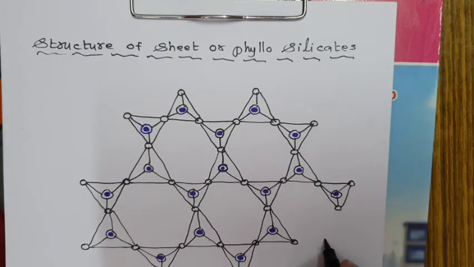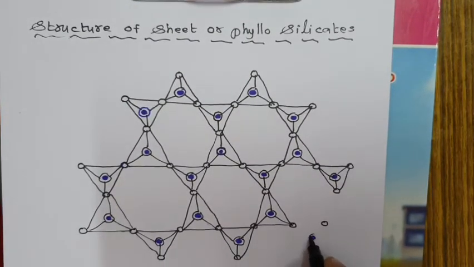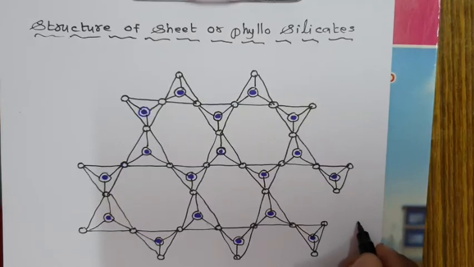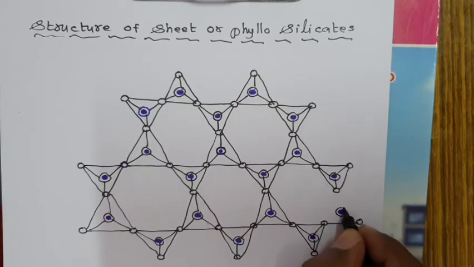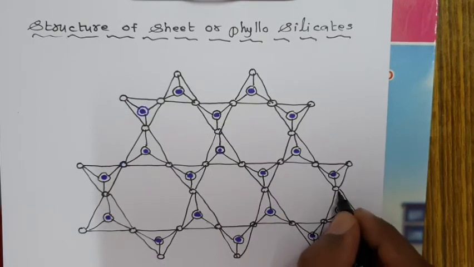Reverse of this, oxygen, then at the center one silicon surrounded by oxygen, 1, 2, 3. Then with this one silicon atom surrounded by oxygen, by joining all these, we get the structure.